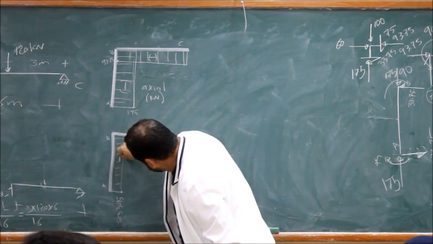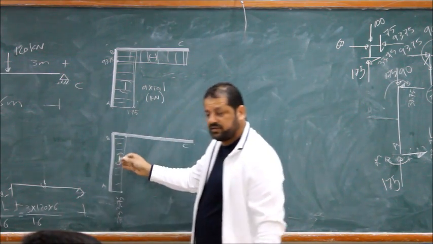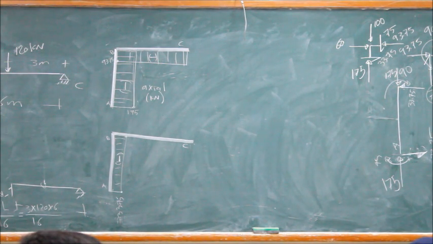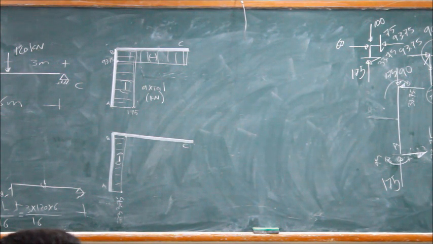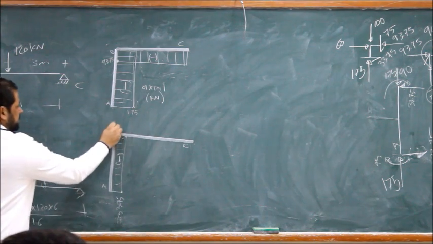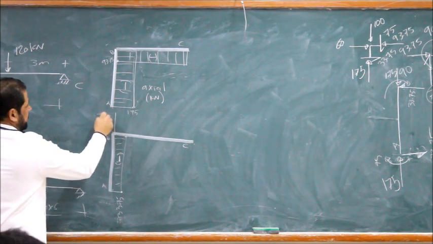Negative, very important. Because negative shear means negative moment. Negative change in the moment. Here, this is your shear in BC. So 75 up, positive on the left, positive. So you go up. 75.